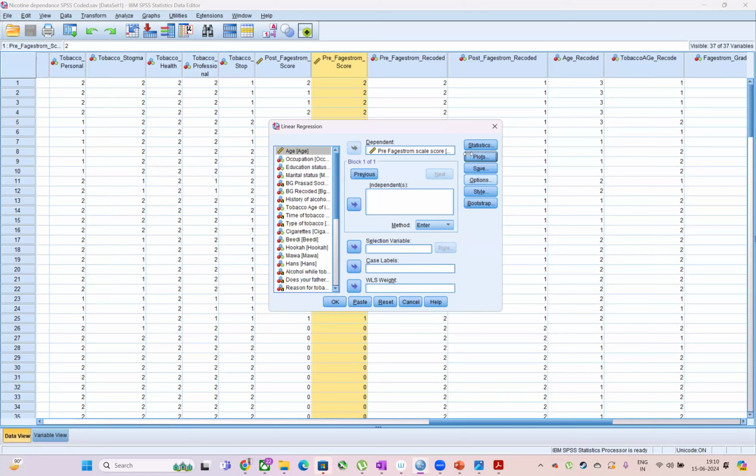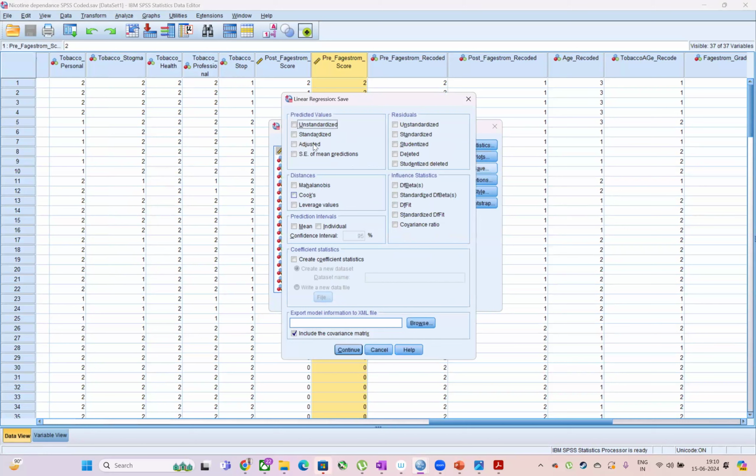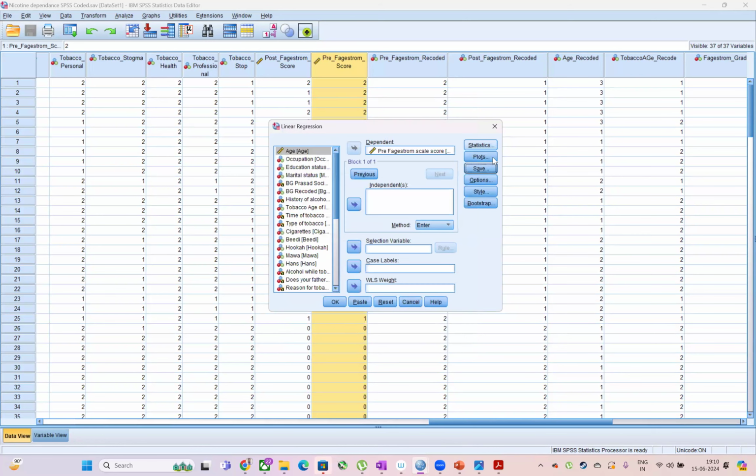Here you can save the residual, Cook's distance and all these things, the confidence interval. What are the standardized and unstandardized residuals? All these are part of the regression analysis, but they are seldom reported. If you want your article to have a higher chance of publication in big journals, if you report all of these together, the Cook's distance, Mahalanobis distance, and all these, it will have a higher chance of publication.